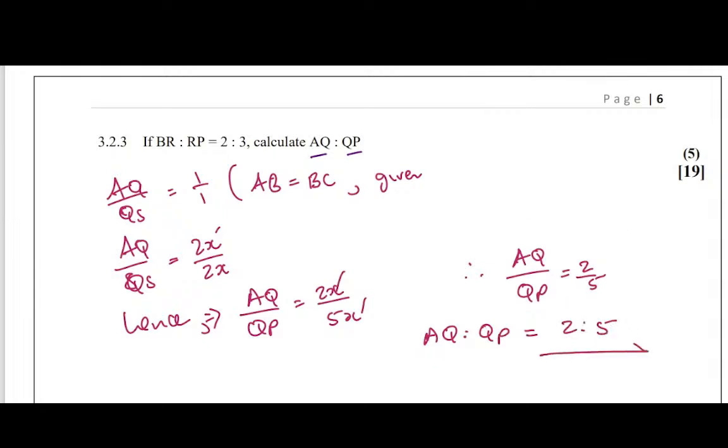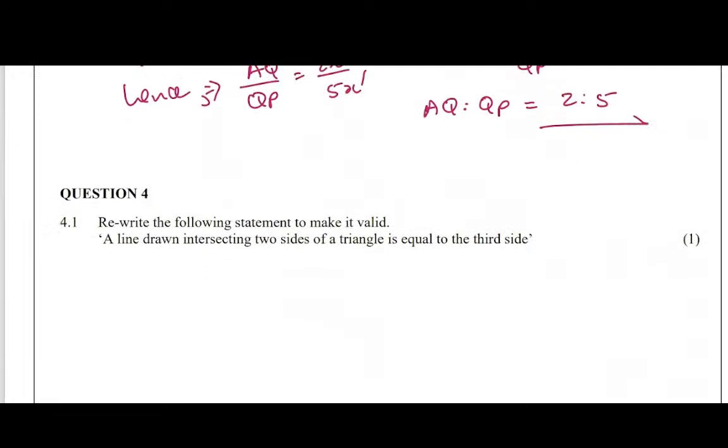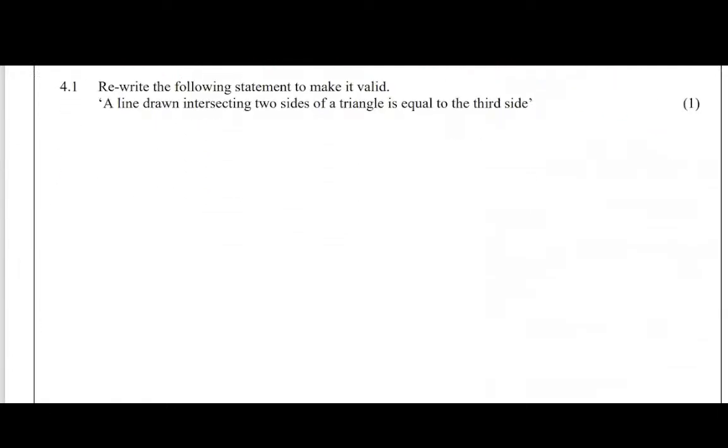Okay, then question number 4, they want us to rewrite the statement, which statement tells us that a line drawn intersecting two sides of a triangle is equal to the third side.